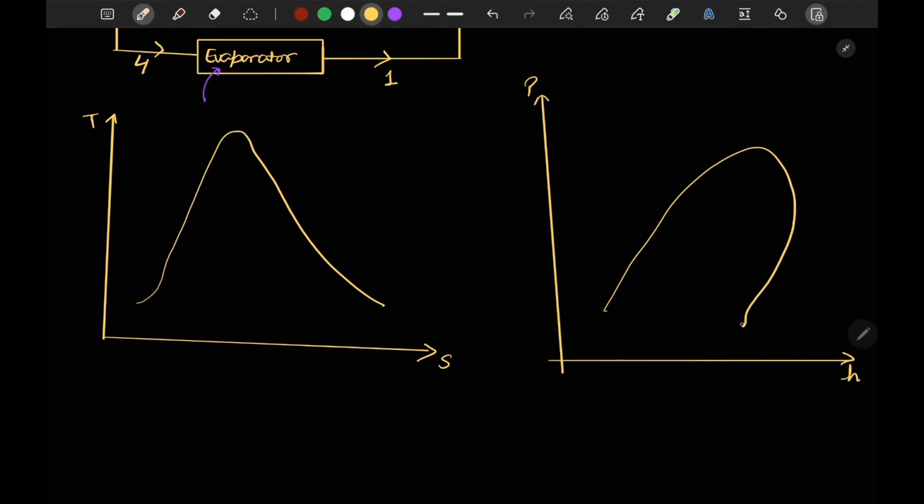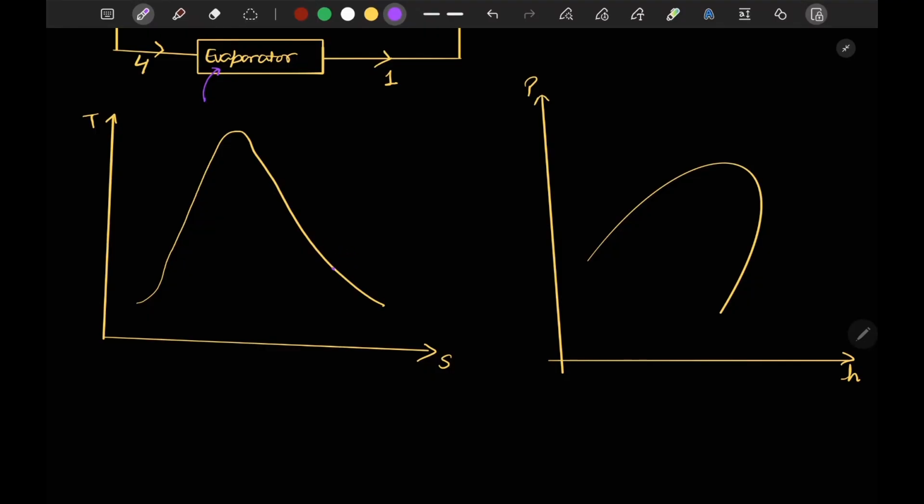Now on both the plots we will draw how our simple VCRS cycle will look. So this is our point 1.